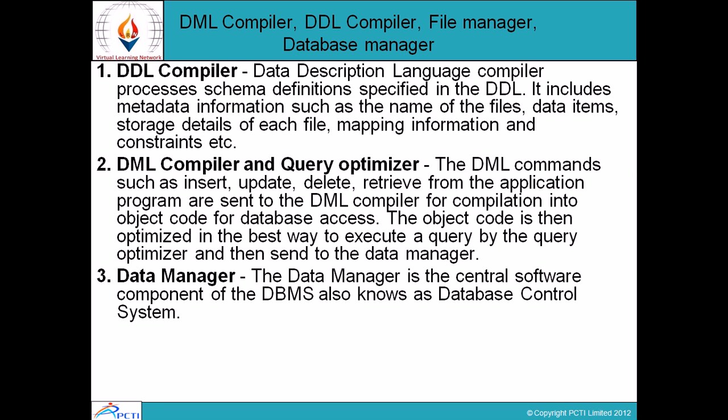So here we use DML queries like updating, inserting and deleting. Then after that the DML query is passed to the data manager. The data manager's role is the central software component of the DBMS, also known as the database control system.